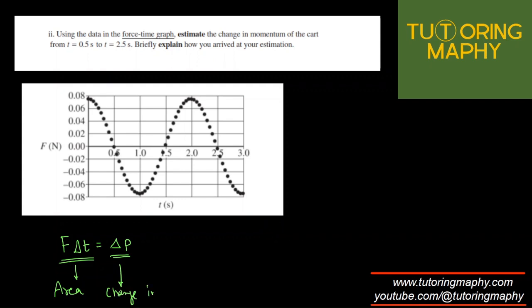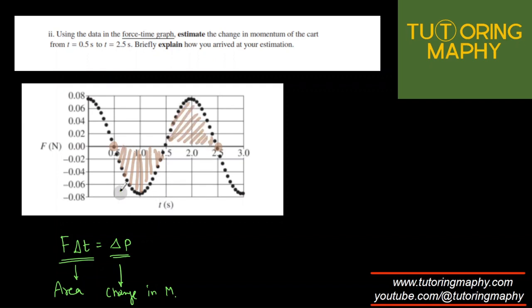So let's find the approximate area between 0.5, which is this one, and 2.5, which is this one. Don't you think that this is like a symmetric curve which will eventually be cancelled by this much?